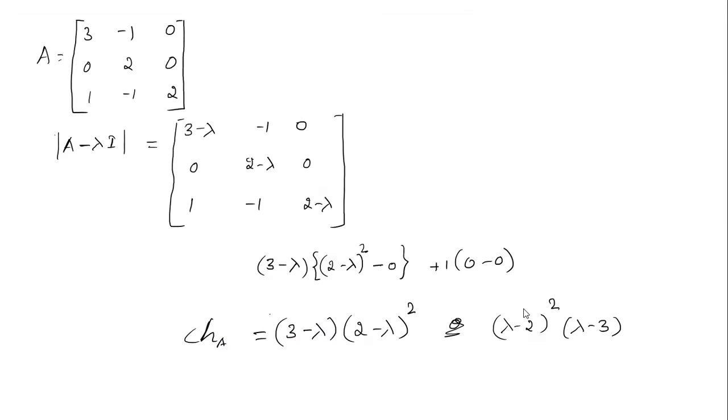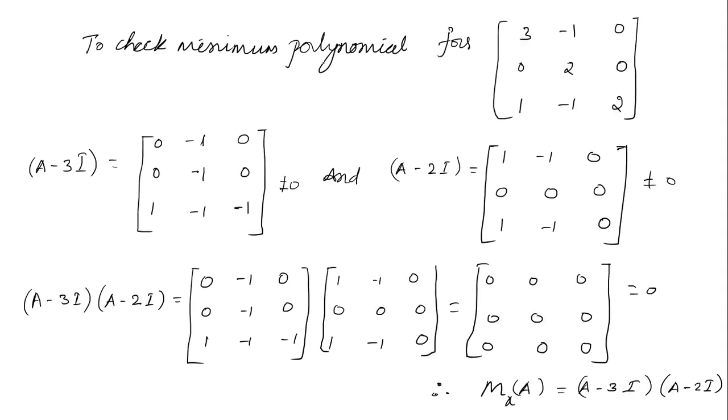Now find the minimal polynomial. To check the minimal polynomial, first take the eigenvalue 3: A minus 3I is not equal to 0. Next, A minus 2I is also not equal to 0.